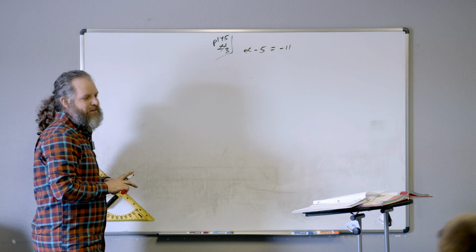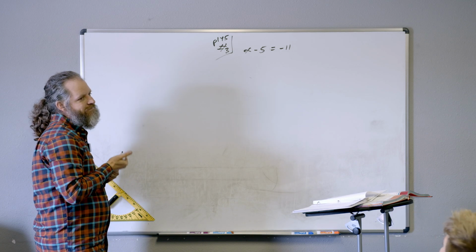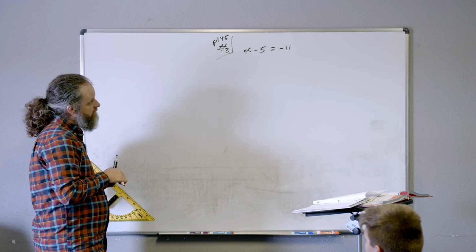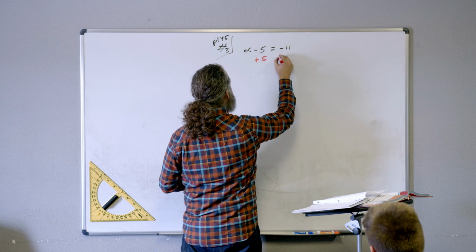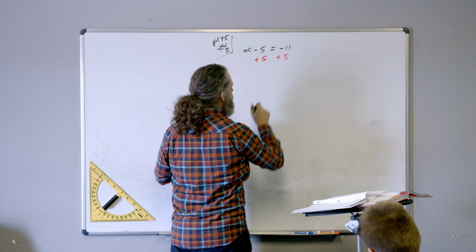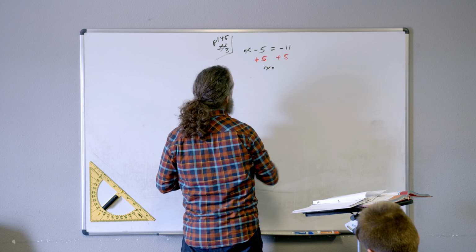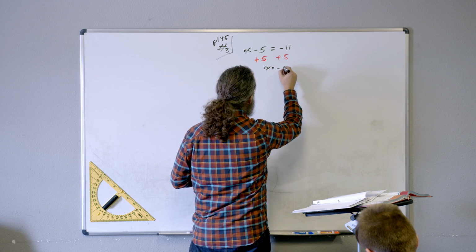So what would we do to solve that? Add 5 to both sides. So x would end up equaling what? Negative 6.